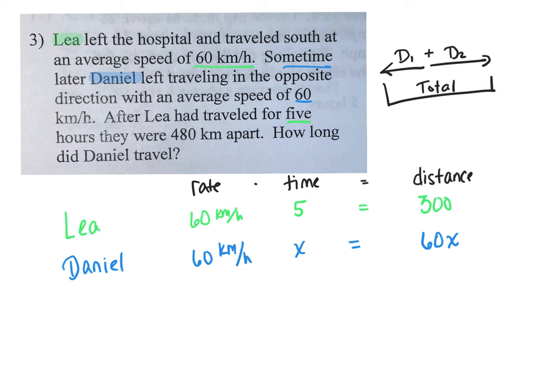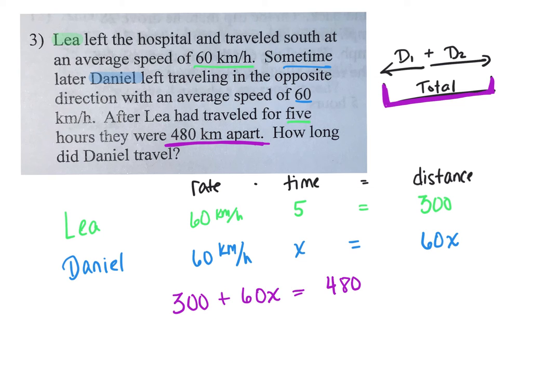What do we know about those two distances? Do they equal? What do we do with these? We don't set these equal for opposite. We actually add them. Distance 1 plus distance 2 equals what? Total distance apart, which they give us in the problem, right?